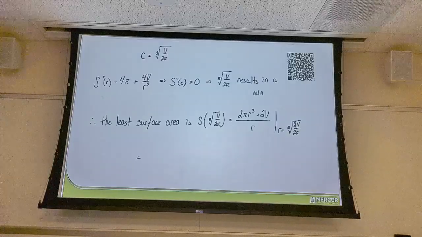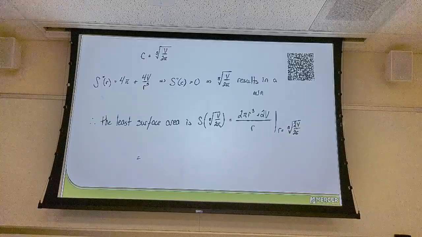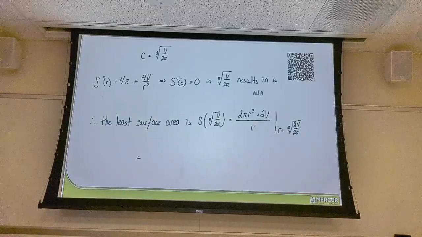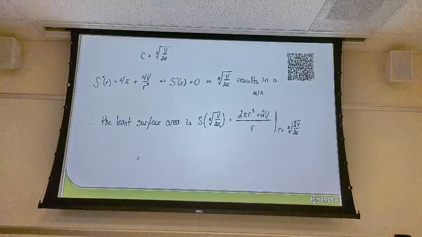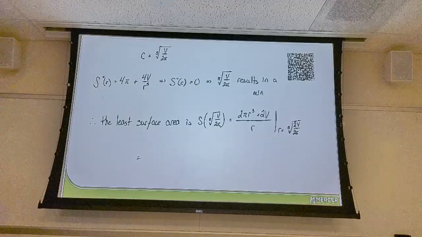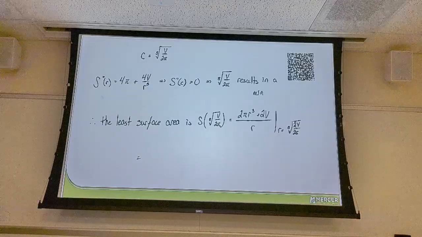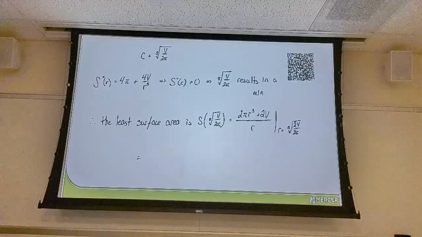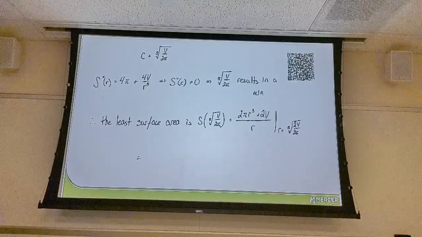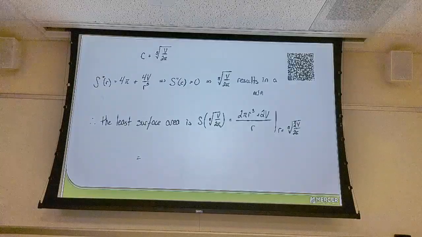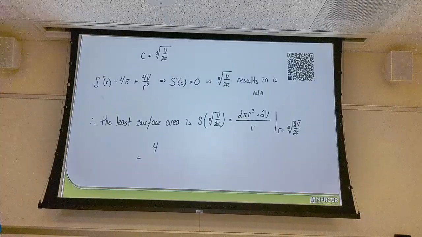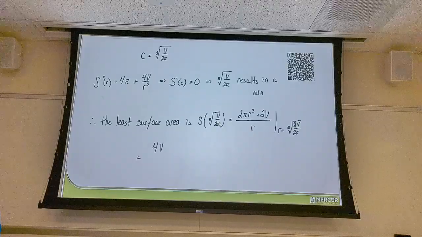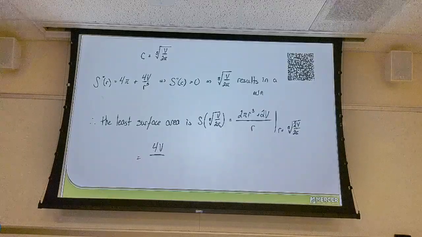That's going to give me, oh, that's nice. That will just give me V, right? No, 2V in the numerator. Because that would become 2 pi times 2V over 2 pi. 2V plus 2V is 4V over that.